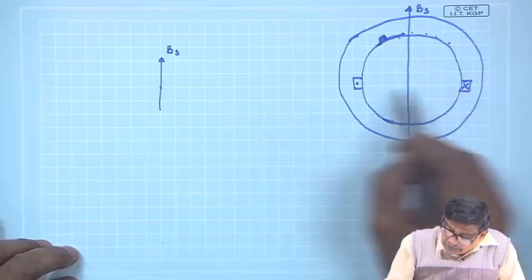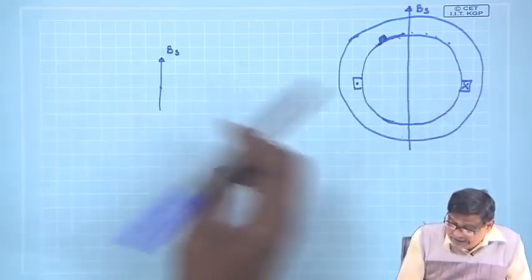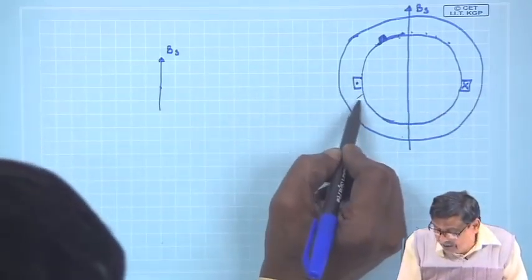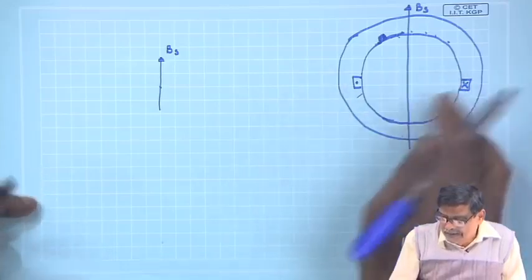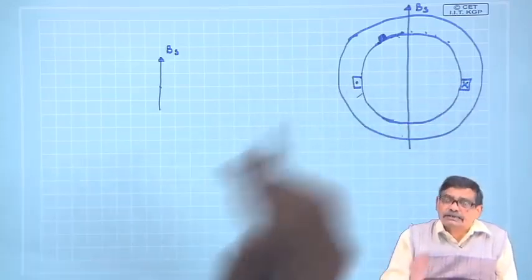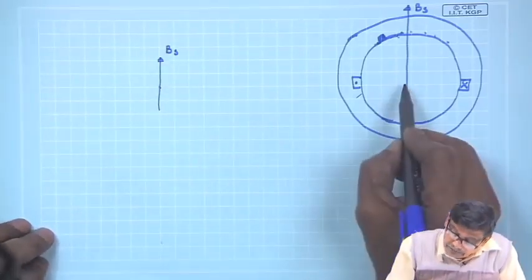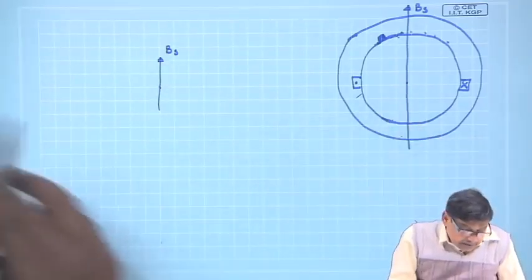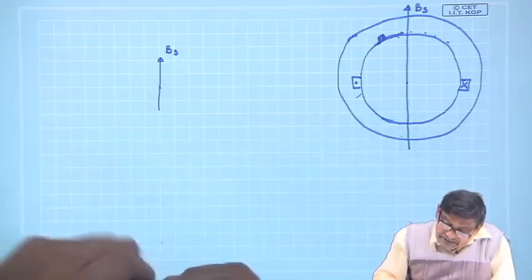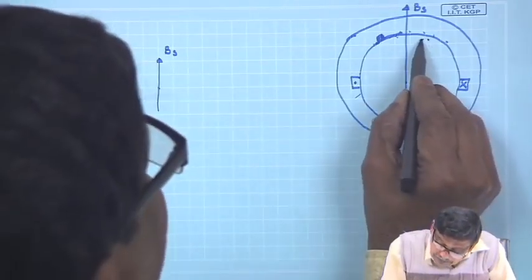Anyway, let us take a simple case; of course, this can be a distributed coil, but I am using a single coil, and the fundamental component of BS I am sketching. Okay, this is BS. Achha, now suppose there is a rotor here.